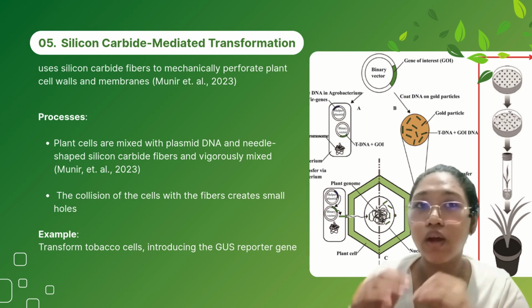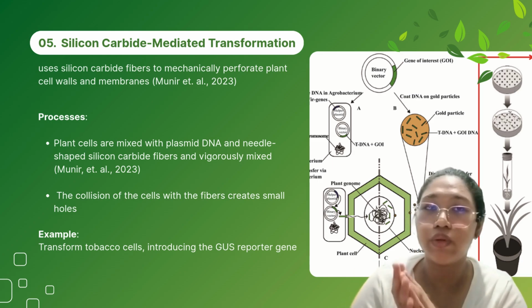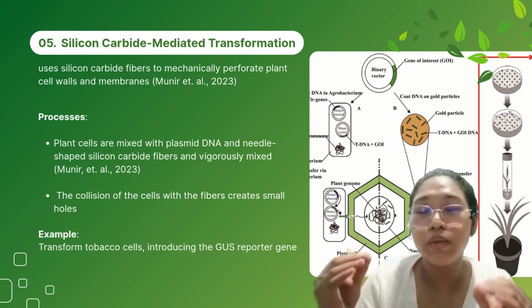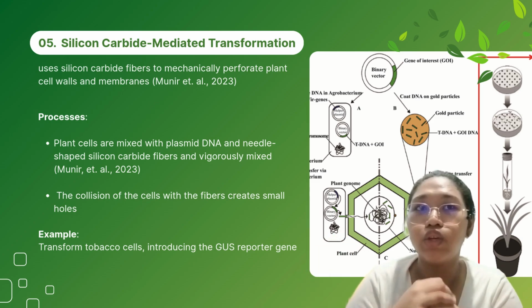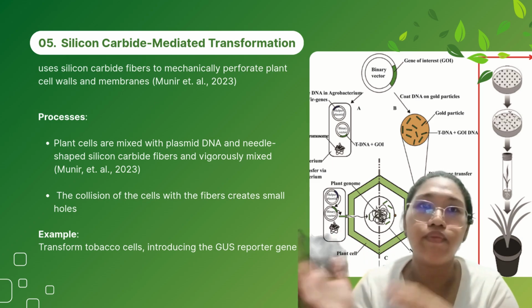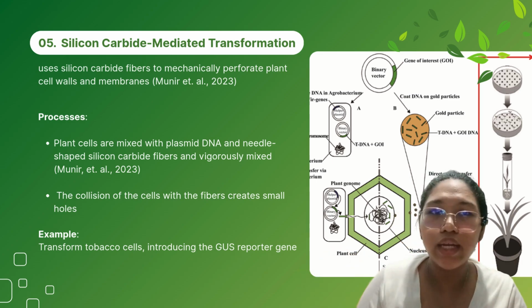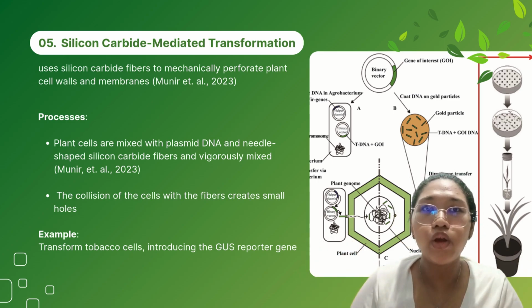The last is the silicon carbide mediated transformation. This simple or non-specialized physical method uses silicon carbide fibers to mechanically perforate the plant walls and the membrane.